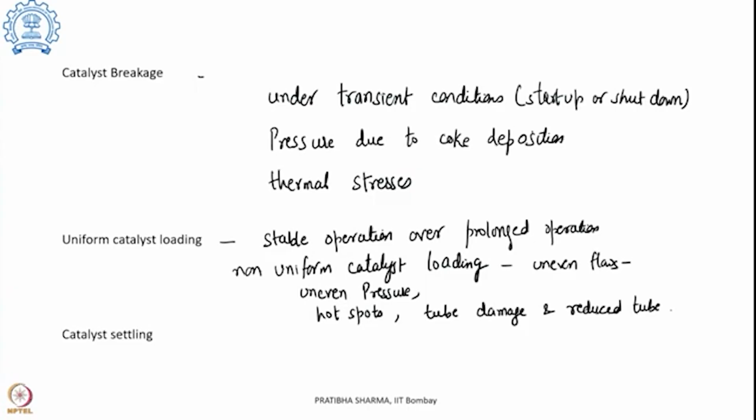So, that is highly undesirable. Besides these, there could be a problem associated with the catalyst settling, and that can also create problems. Now, what are the ways to address these?